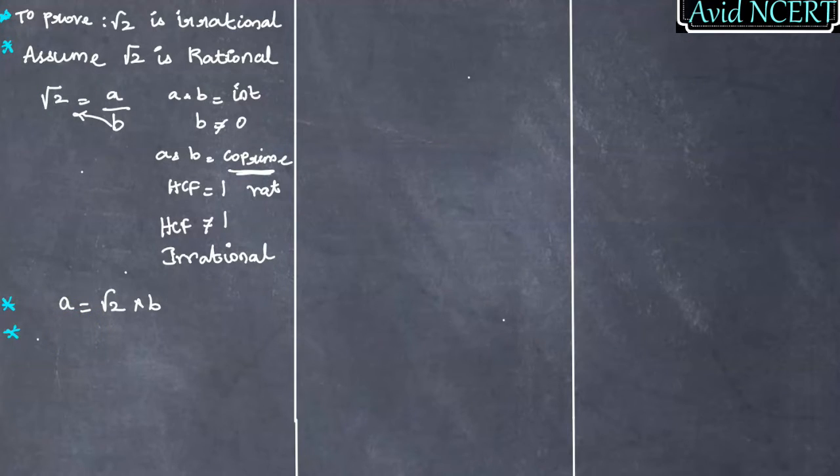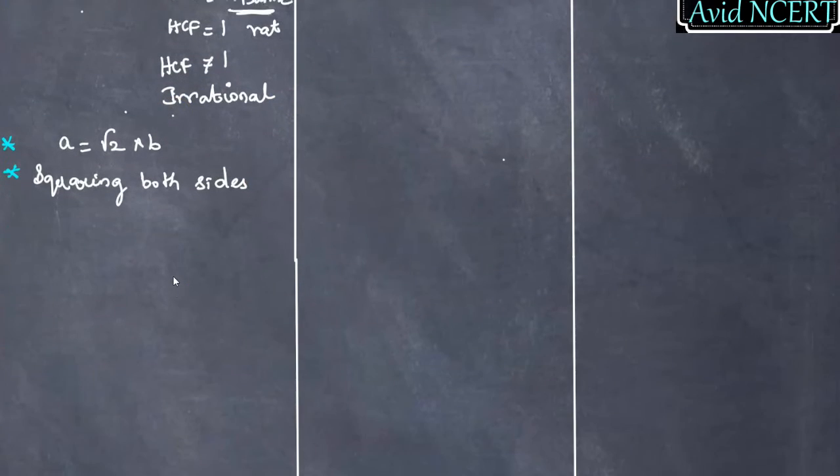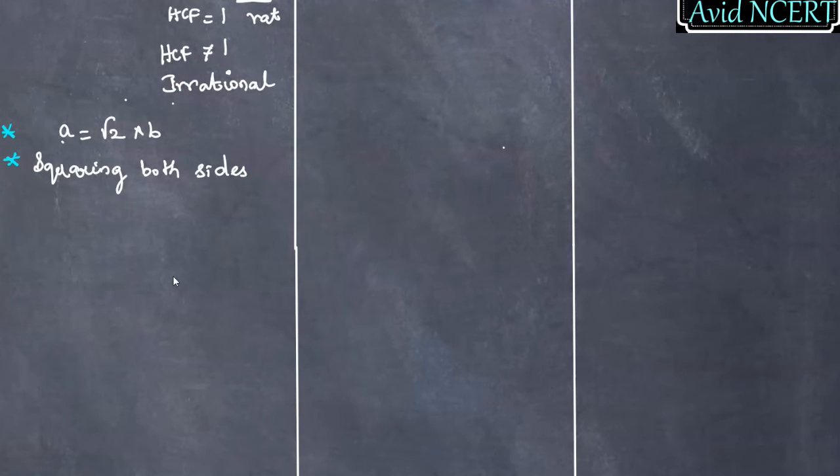Next step is squaring both sides. So this one we have to square on both sides. So a square equals root 2 into b the whole square, which means a square equals root 2 into root 2 which is 2, and b square is b into b.